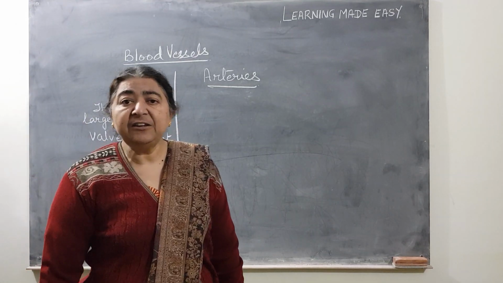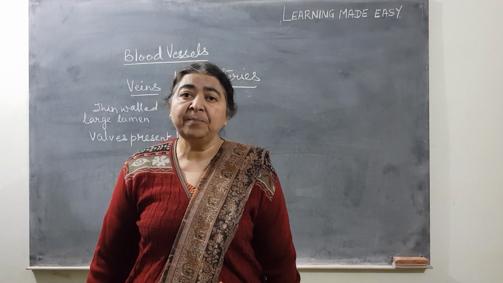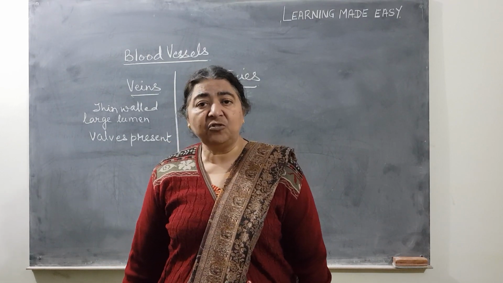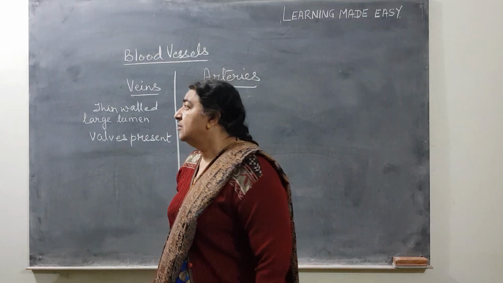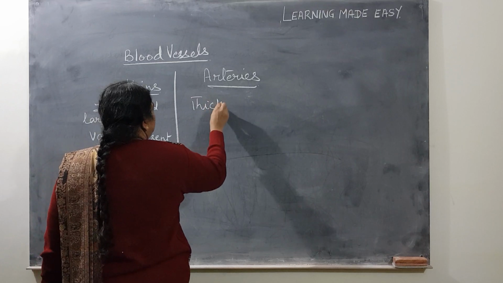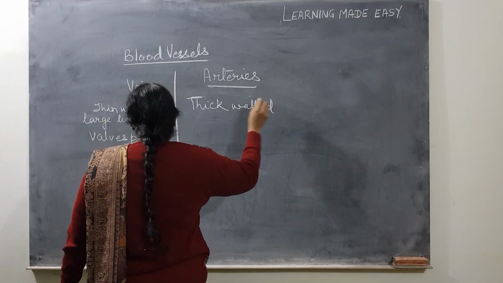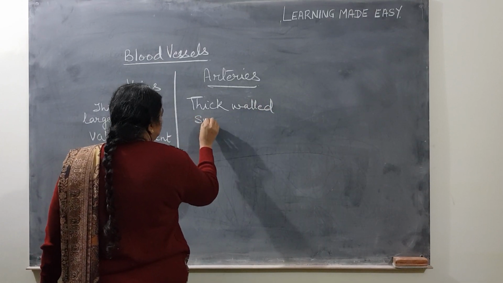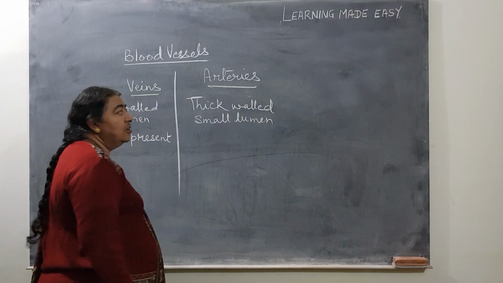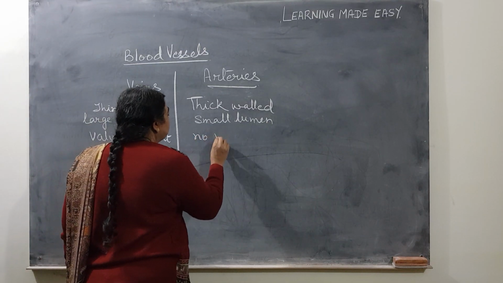This makes them very different from arteries. As arteries do not have valves present in them, they move blood along the contraction and relaxation of the heart. They are thick-walled, having small lumen and no valves.